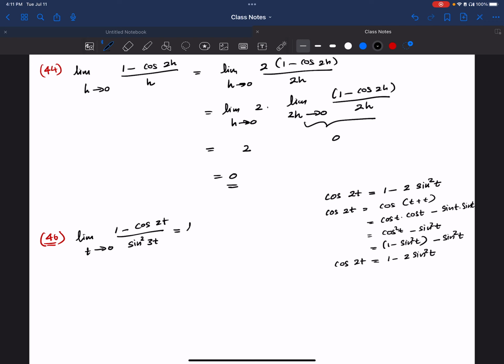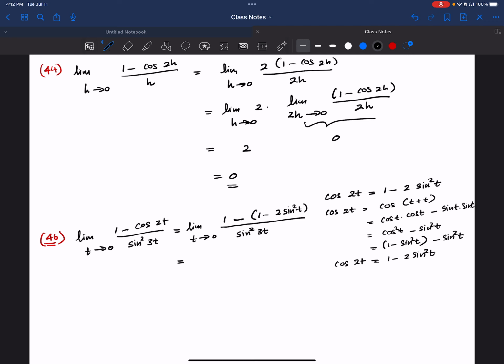So we can write the limit as t goes to 0 of 1 minus (1 minus 2 sine squared t) divided by sine squared 3t.